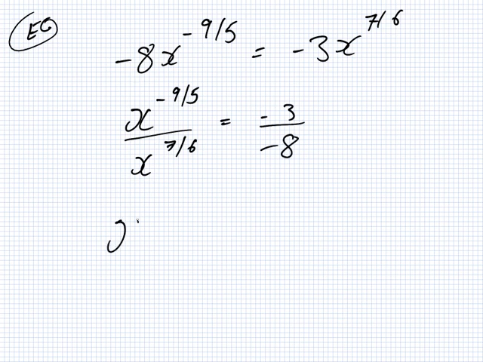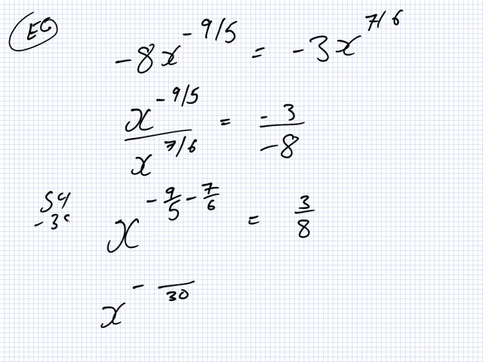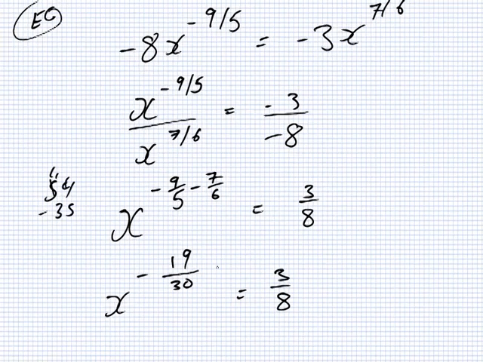So that is x power minus 9 over 5 minus 7 over 6 equals 3 over 8. That's going to be a minus for sure, with a 30, a 54 minus a 35, isn't it? What's that, 29? 19. So x^(-19/30) equals 3 over 8.